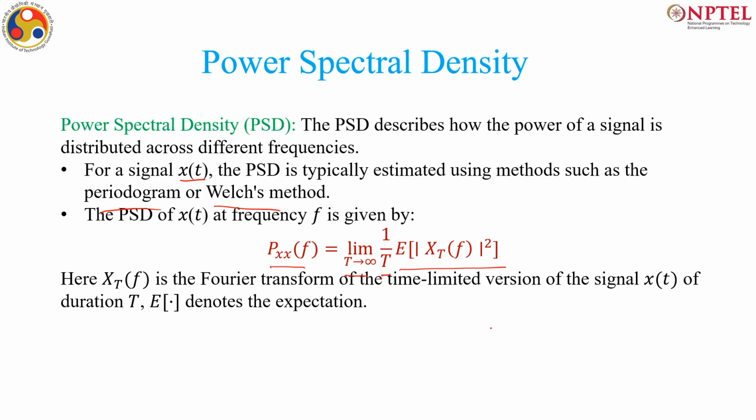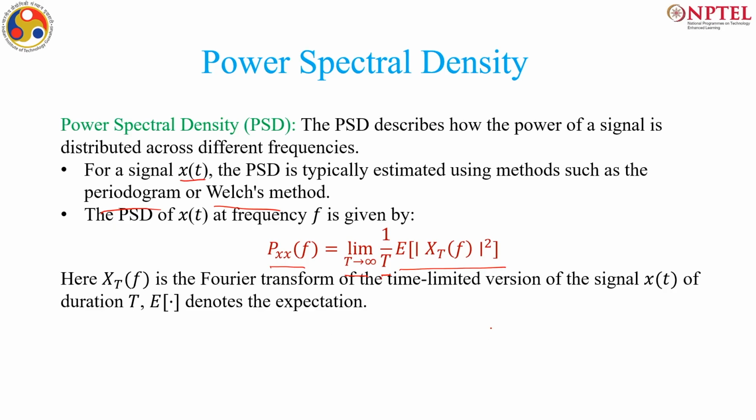Like I said, power spectral density is for a periodic signal or a power signal, and practically you cannot capture the entire power signal because it goes from negative infinity to positive infinity, and we do not know what negative infinity and positive infinity are. So, technically we take a time limited version, and because of windowing and other factors we get a noisy spectrum. This is typically corrected or estimated using Welch's method.